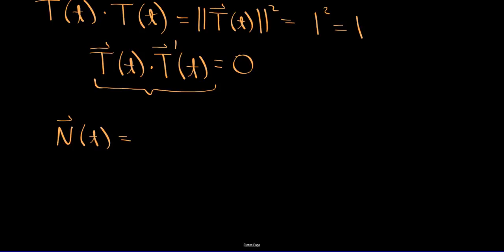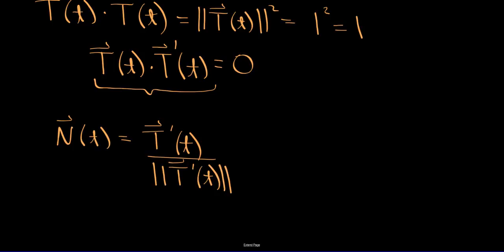Apparently that vector is T prime. So if I dot T prime with T, I'm going to get 0, and that means they're normal to each other.